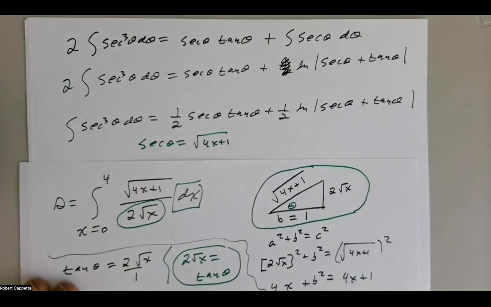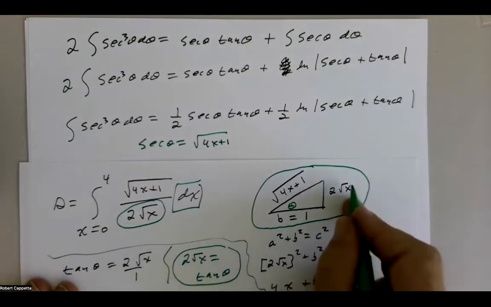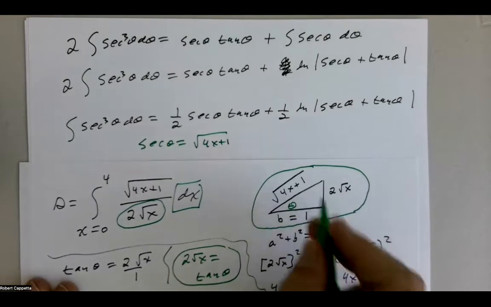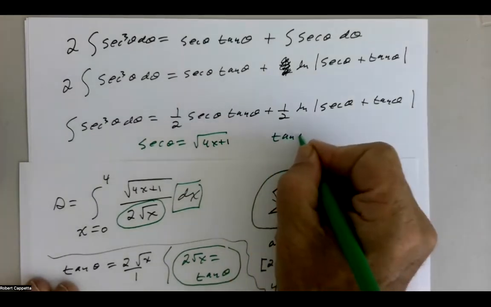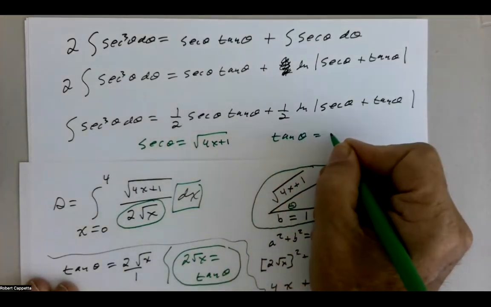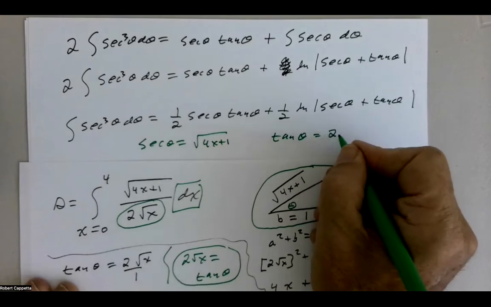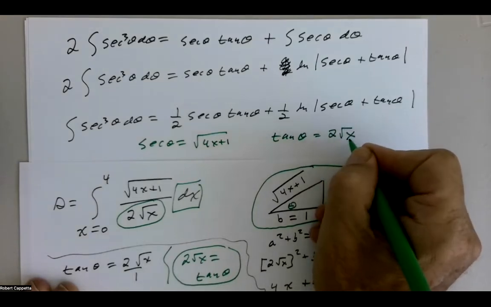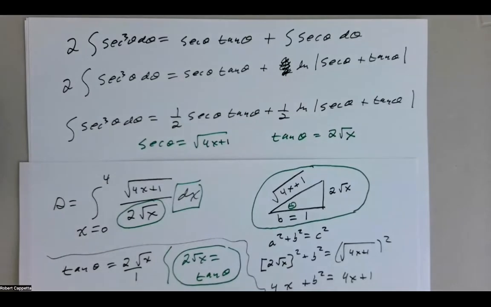What is tangent theta? Tangent theta is opposite over adjacent, which is 2 root x. So we'll keep all that in mind.